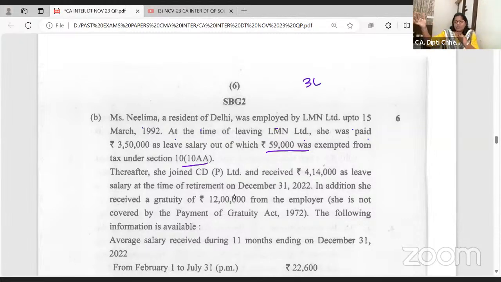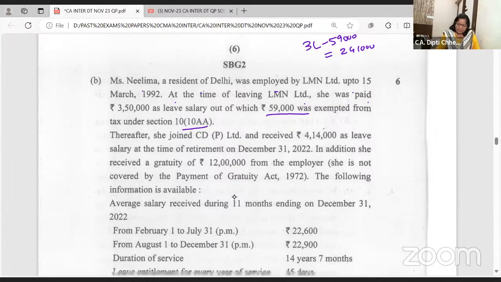The limit is changing from the financial year 23-24, but I don't want to discuss that, you'll get more confused. For now we are solving it as per the November provisions. So suppose up to 3 lakh leave salary is exempt. 59,000 you have already claimed earlier. So next time, 3 lakh is the leave salary exempt for the lifetime. So next time, how much will be exempt? 2,41,000. All are with me?